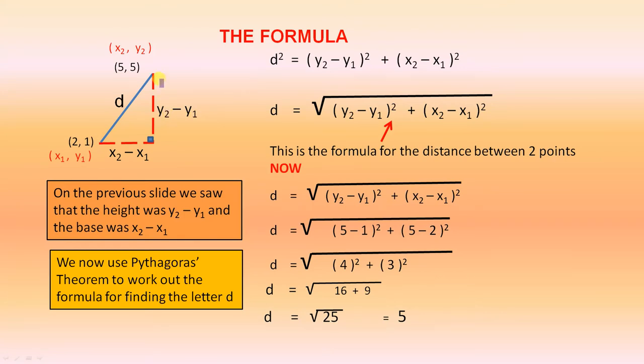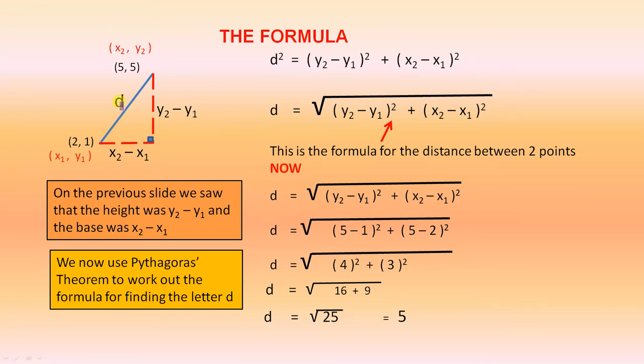So, if we remember, the height was the difference of the y values, which is y2 minus y1. The base was the difference of the x values, which was x2 minus x1. We now use Pythagoras' theorem to work out the formula for finding the letter d.